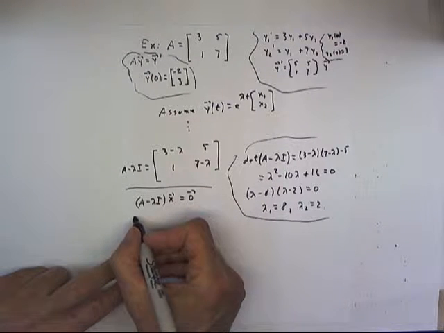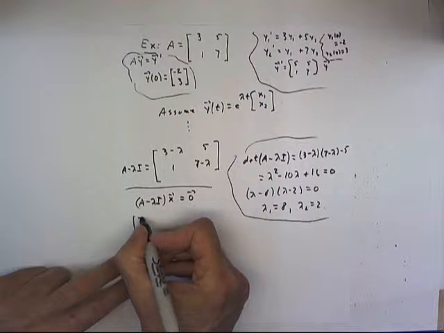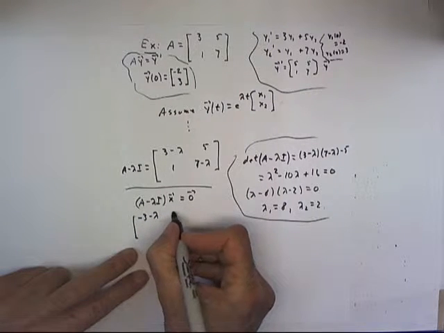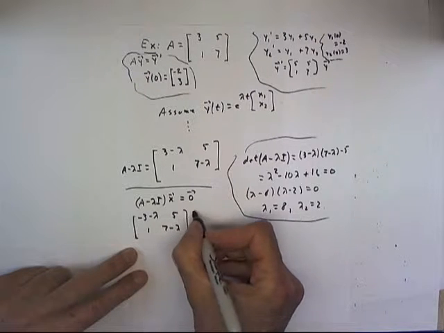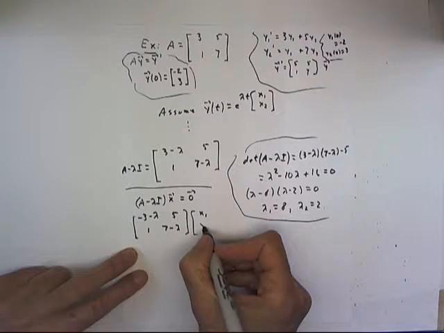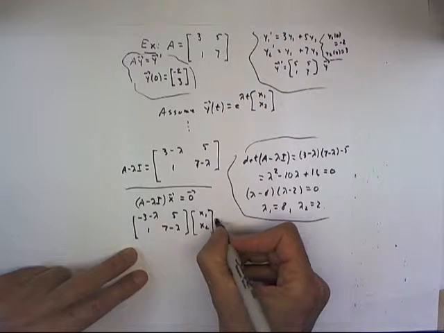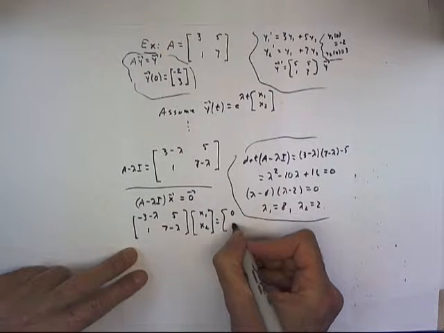Let's write it out. That equation would be the matrix 3 minus lambda, 5, 1, 7 minus lambda multiplied by x1, x2 equals 0, 0.